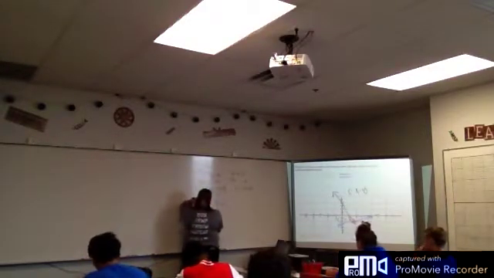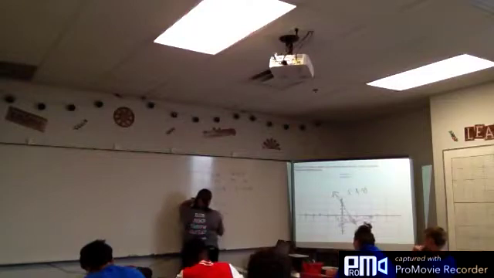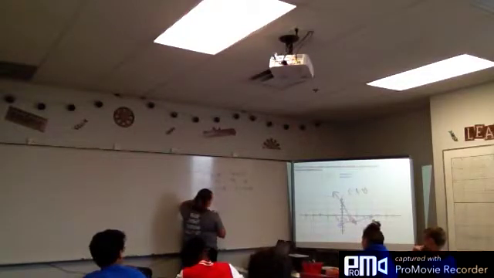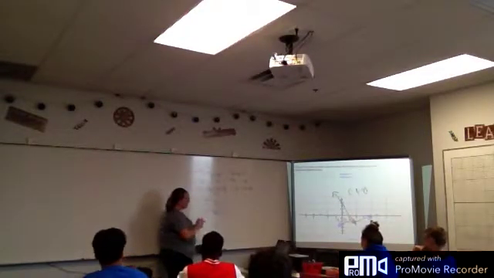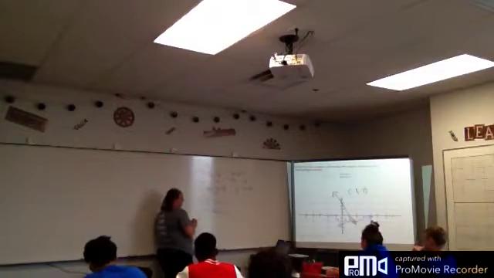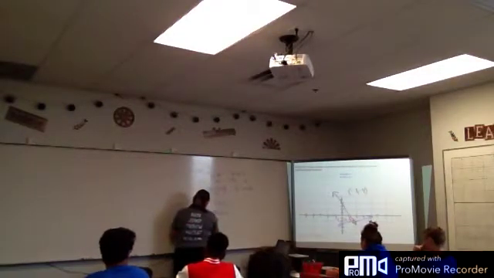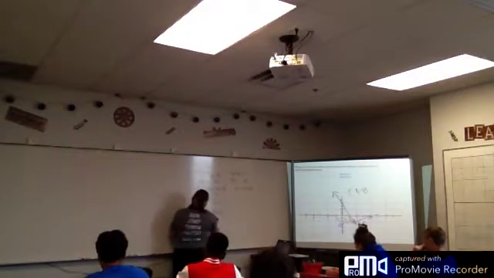Plug in negative 4 equals 2/3 times negative 3 minus 6. What's 2/3 times negative 3? Negative 2. So negative 4 equals negative 2 minus 6, that doesn't look right.